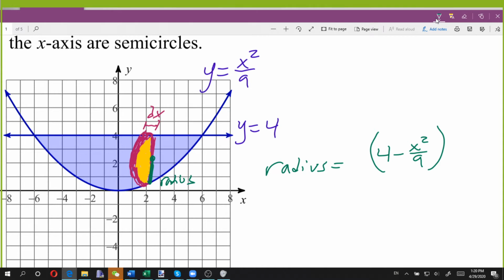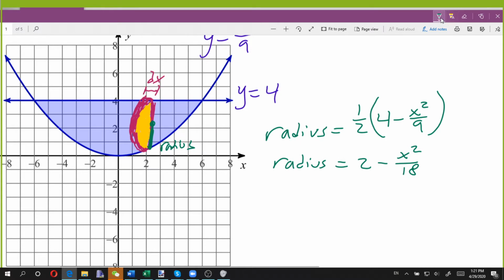So 4 minus x squared over 9, divided by 2, perfect. I'm going to write it multiplied by 1/2, so that I don't have a fraction inside a fraction, but you're right. If I cut that distance between the two y values in half, then you'll end up with the radius. Okay, so I'm going to distribute. This will give me our radius is equal to 2 minus x squared over 18.